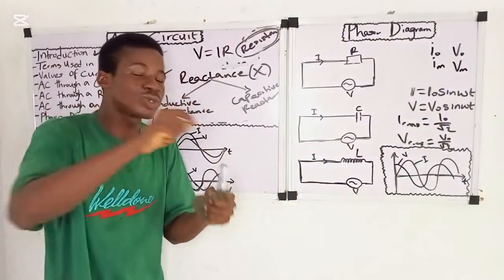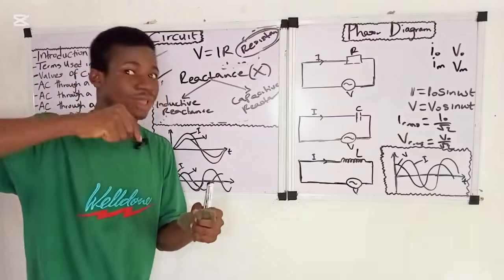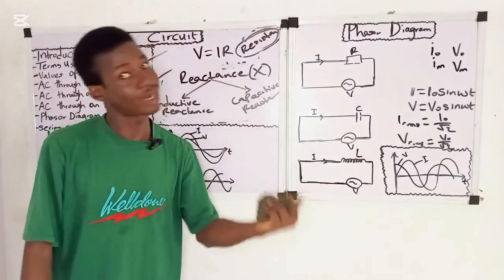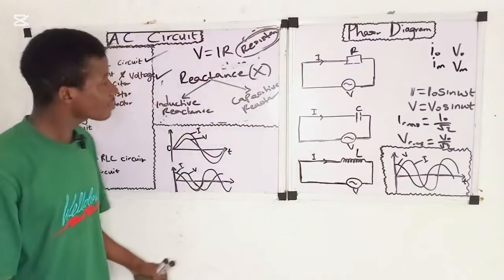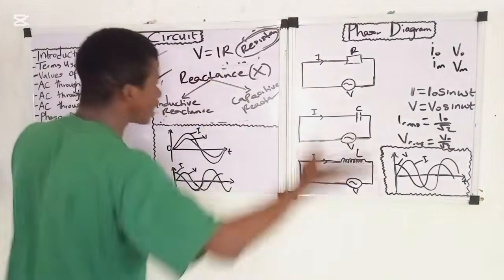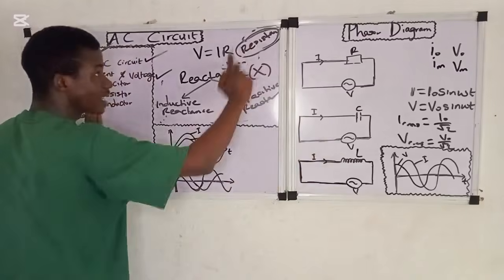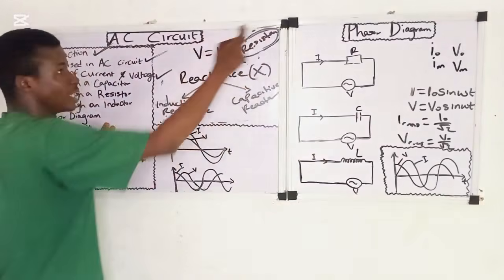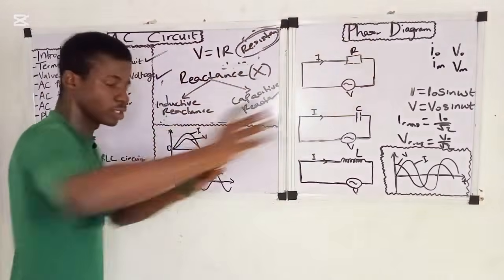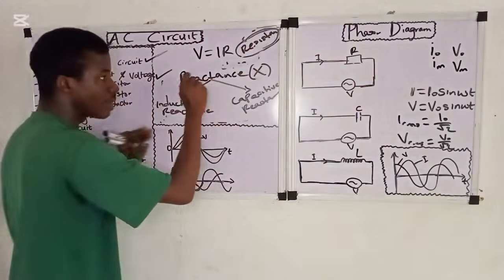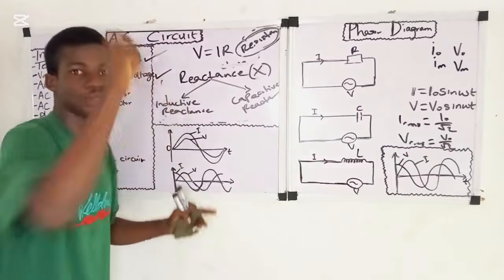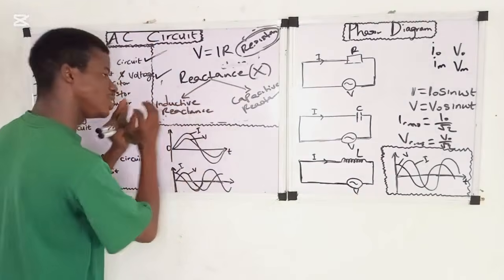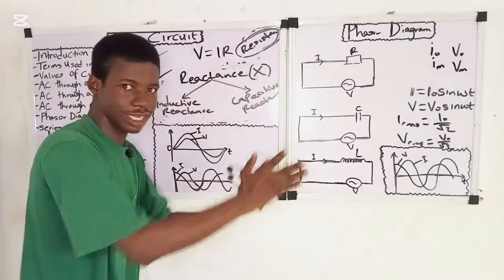I hope you now know the difference between resistance and reactance. There are two types: the inductive reactance and the capacitive reactance.